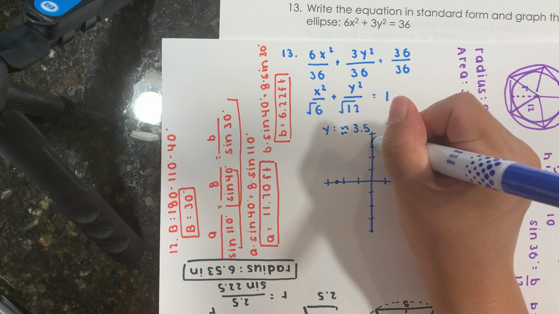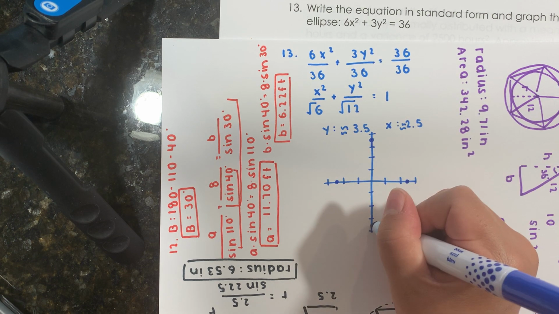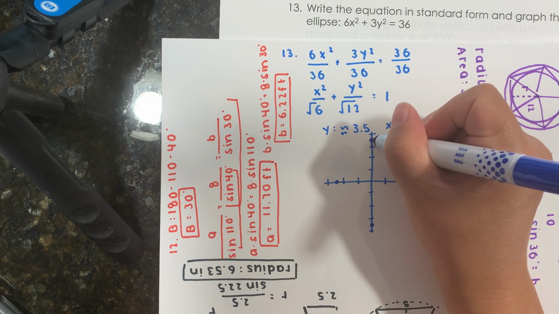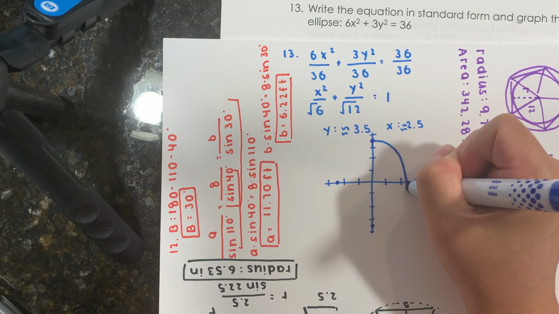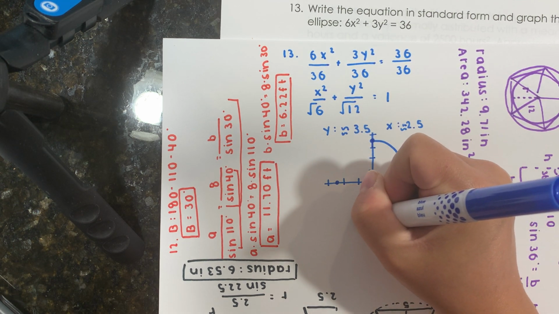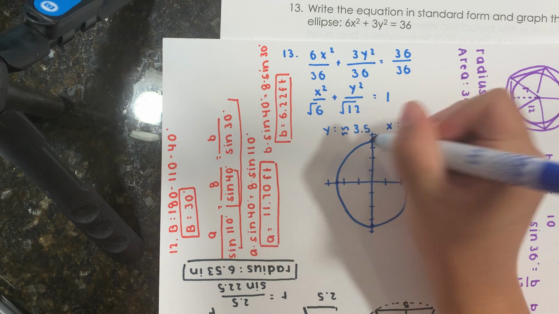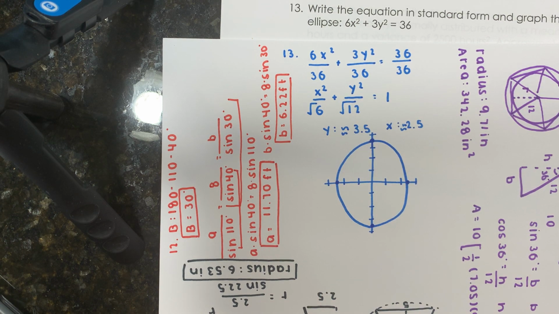And 3.5 would be approximately here. And then you can just connect your dots. And that would be your ellipse.